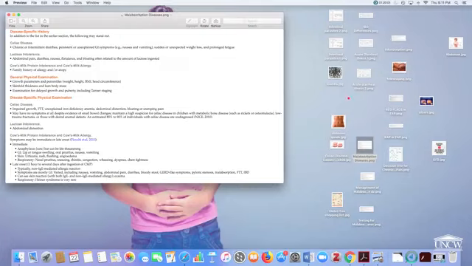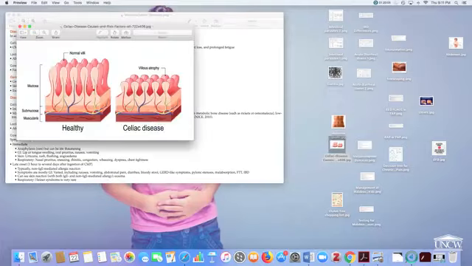And what we see a lot of times with celiac disease is that these healthy microvilli here, everybody in their gut has microvilli, and the reason we have microvilli is because we can absorb so much more. If instead this was just flat, look how much more we can absorb if all of these microvilli are like this. In a normal healthy gut, we see these microvilli nice and tall, nice and pink, and with good vasculature.